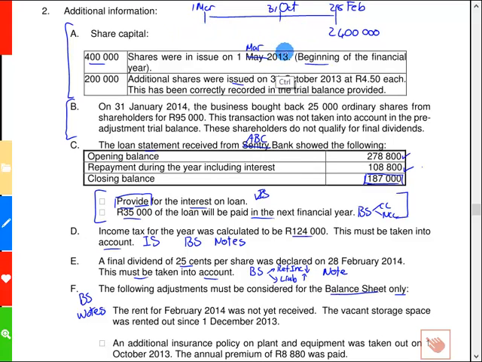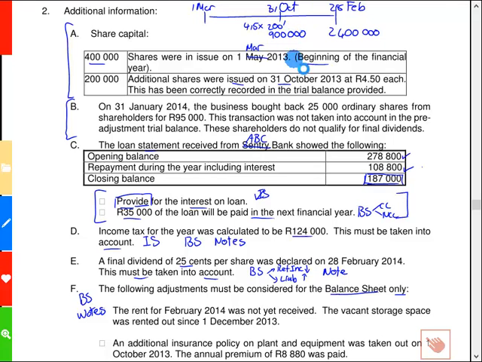Now they tell us that on 31 October at 4.50, 200,000 shares were issued. So how much share capital did we raise on 31 October? 4.50 times 200,000 gives me 900,000 rand.